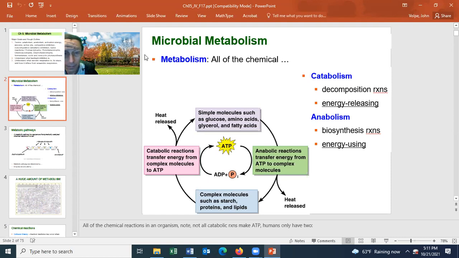We can break metabolism down into catabolism and anabolism. Catabolism is the decomposition reactions where you start with a larger, complex molecule such as starch, and you break it in a catabolic reaction to make smaller molecules. If it's starch, it breaks into glucose. When you do that, of course, energy is released and some of that energy is converted to heat.